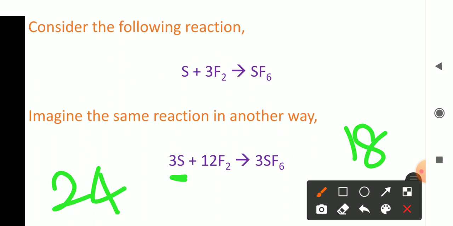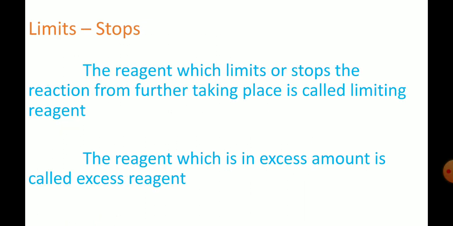Whereas fluorine is in extra quantity. We have more amount of fluorine, so fluorine is the excess reagent here. Can you understand, students? What is limiting reagent? The reagent which stops or limits the reaction from further taking place is called a limiting reagent, whereas the reagent which is in excess amount is called an excess reagent.